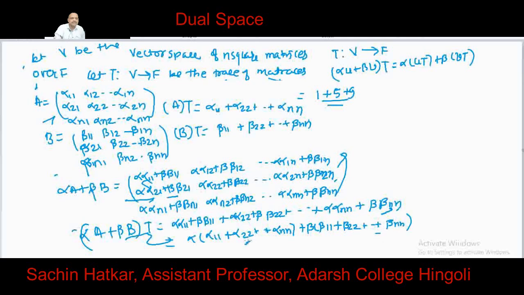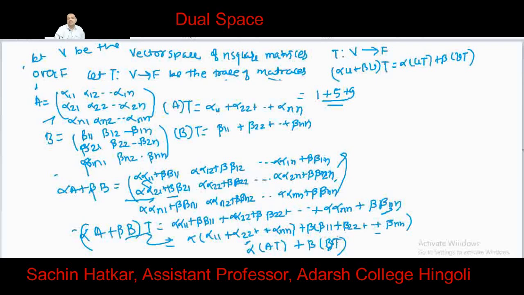But this is the trace of the matrix A, so we get alpha T of A plus beta T of B. Hence the condition of a linear functional is satisfied, and therefore this is a linear functional.